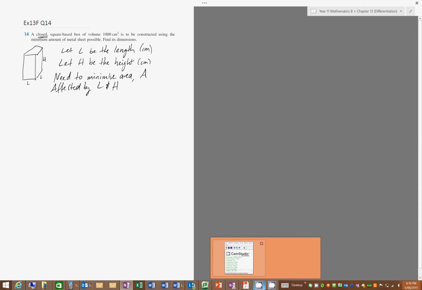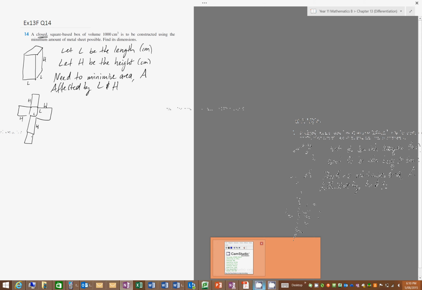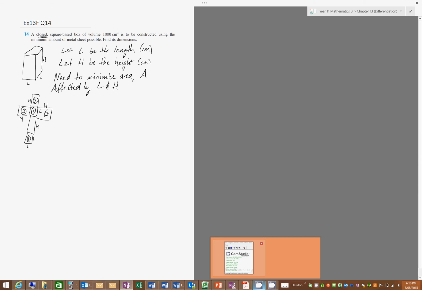So I can write a formula for the surface area, draw this box, all drawn out. Same as in question 13, only difference being that we have a lid on top, okay, an L by L lid. So ones for those two squares, all of these other ones are the same.